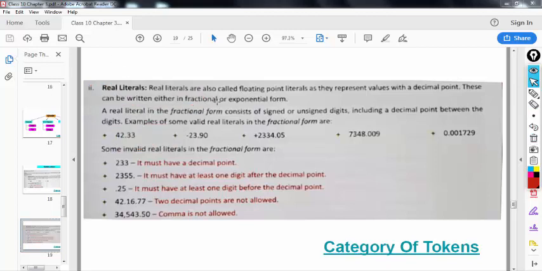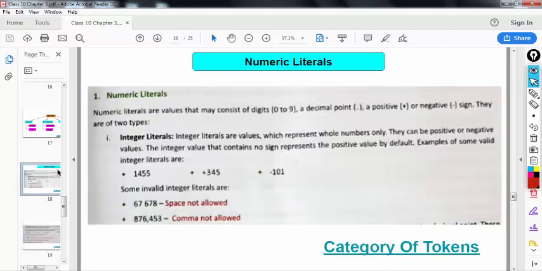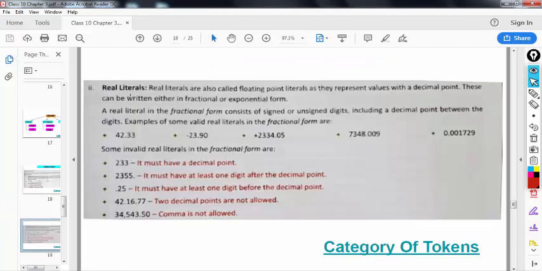So real literals are those literals which have the decimal point, okay, and all other rules which applied to the first category of integer literals will still apply to real literals as well. The only difference is that it will have a decimal point.